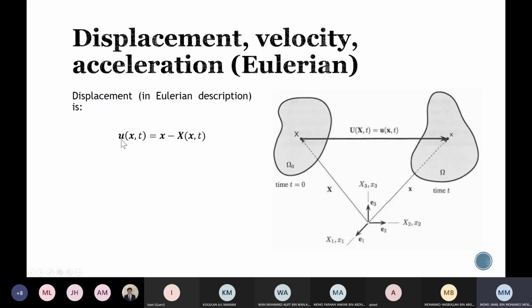So to get small u, you just take small x minus big X. The big U just now is the mapping minus big X, meaning that you need to use the mapping. But to get small u, you just use the value X. You don't need to use the mapping. Later on, we will see an example of what this means.